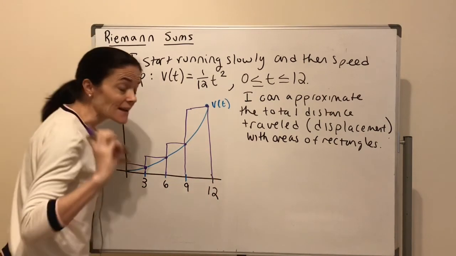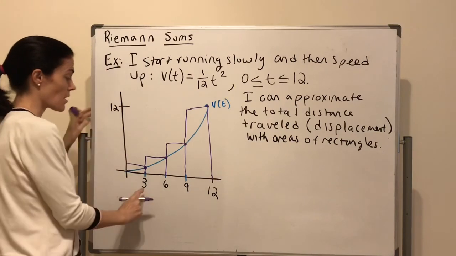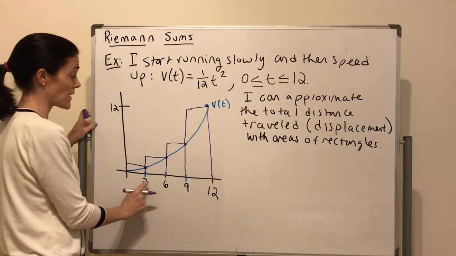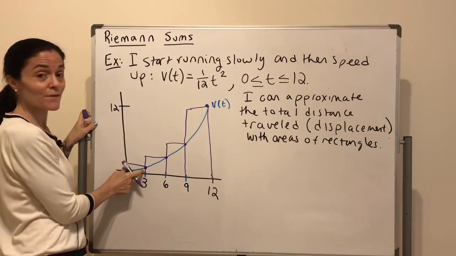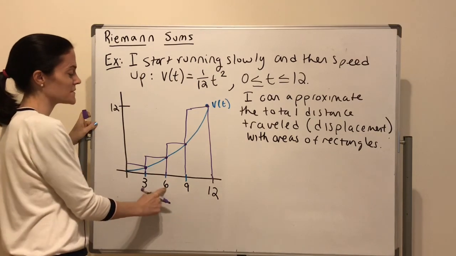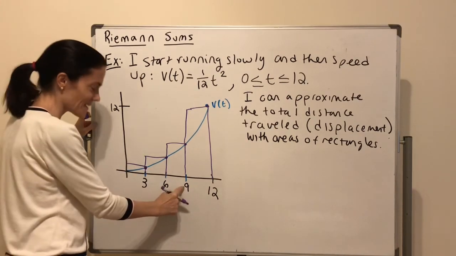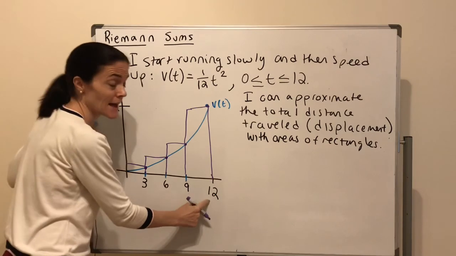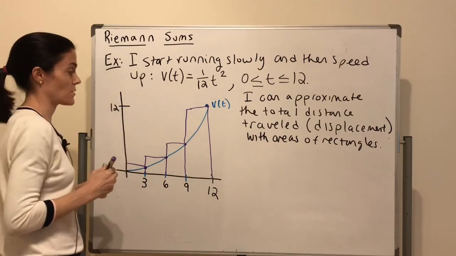Now, the heights of the rectangles are the function values. So v of 3 is the height of the first rectangle, v of 6 is the height of the second, v of 9 is the height of the third, and v of 12 is the height of the fourth rectangle.